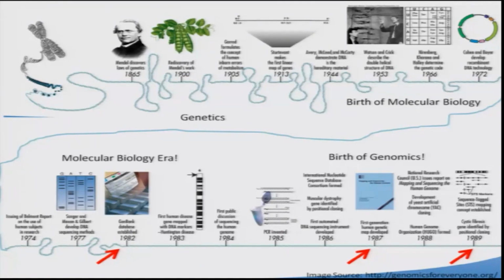And in 1989, the first successful discovery of a gene causing a human disease without knowing the function of the gene. This is called positional cloning. That led to the discovery of the gene for a disease called cystic fibrosis.